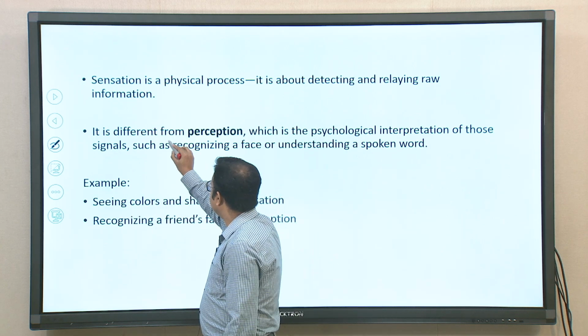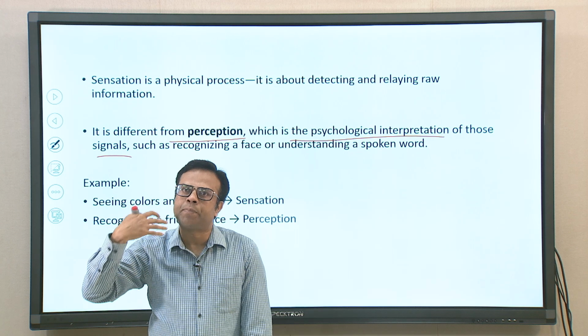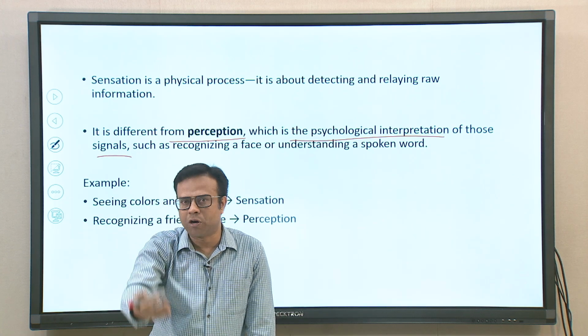Now, this is different from the concept of perception, which we will talk about in more detail in the upcoming lecture. Perception is the psychological interpretation of those signals. When there is stimulation coming from the environment, raw detection is sensation, but once you interpret what this sensation is all about, on top of that, that is called perception.